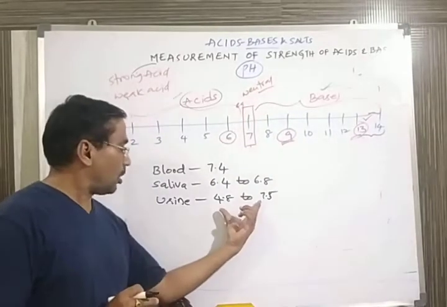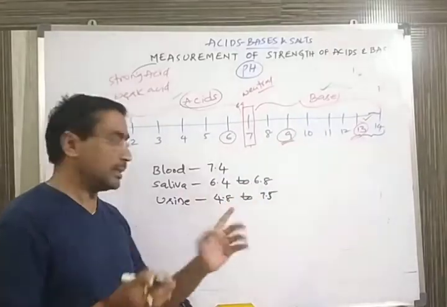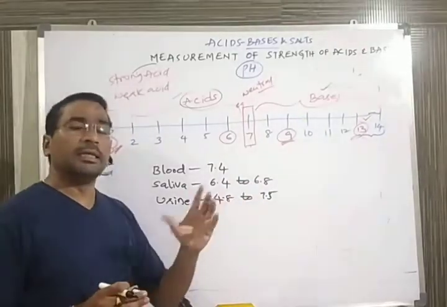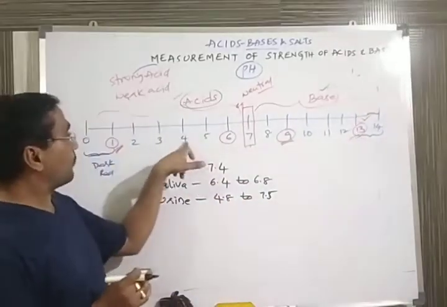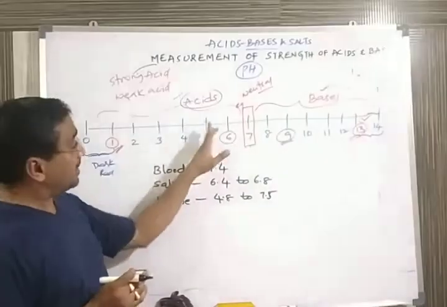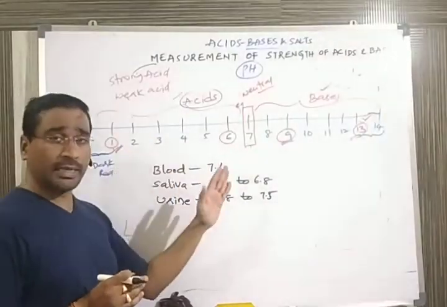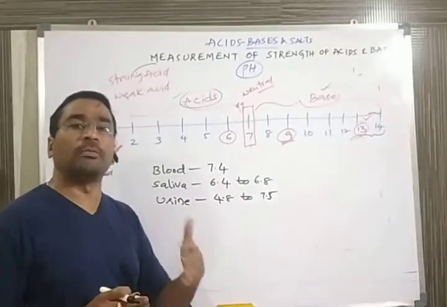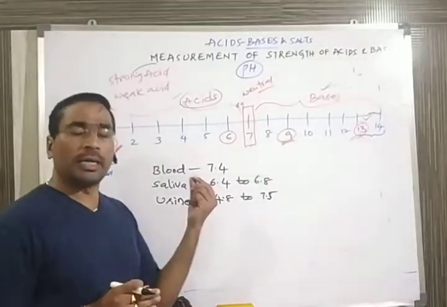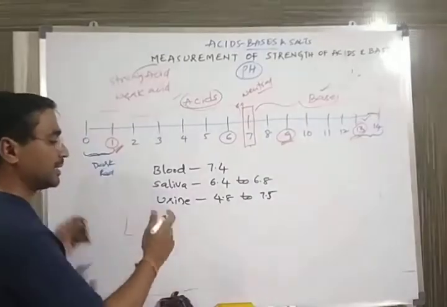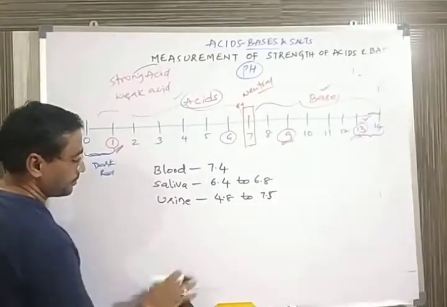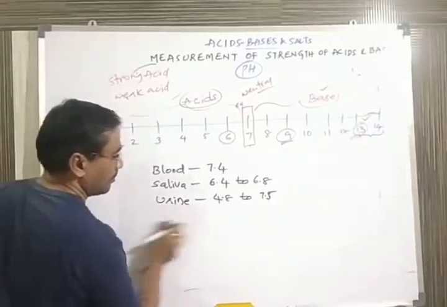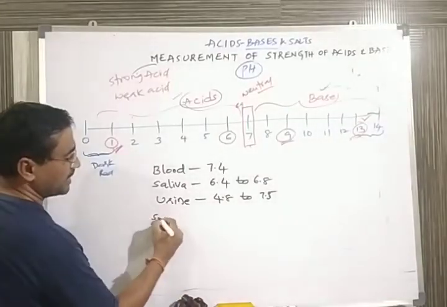So the pH range should normally be like this. Even 4 point something is acidic only. If it is much less than that, more acidic indicates some infection or problem, so we can directly identify it. Next one, our seawater.